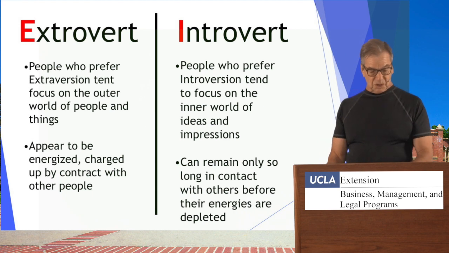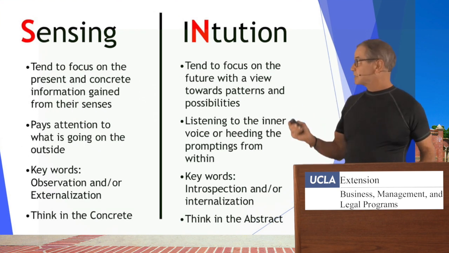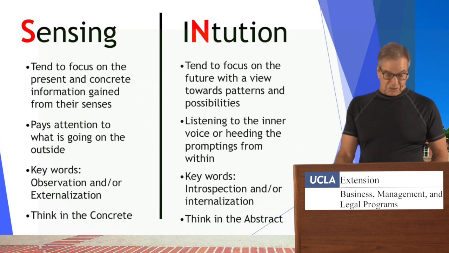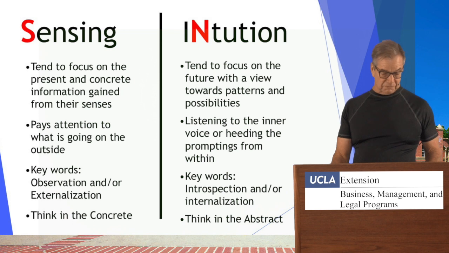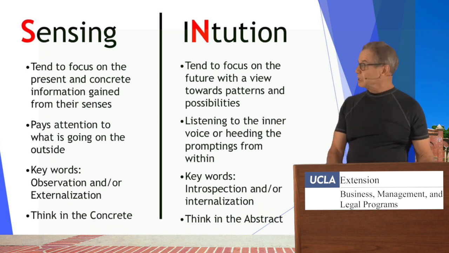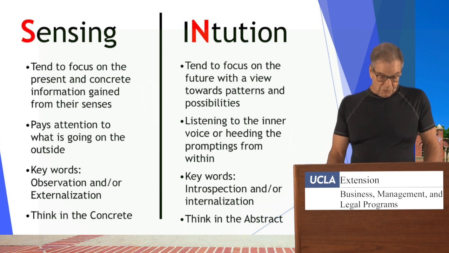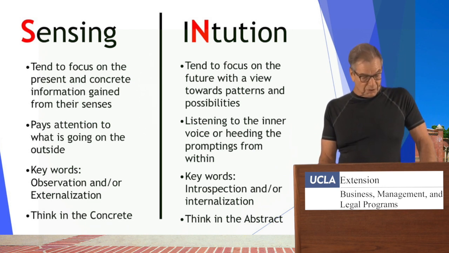So this, again, is another way of looking at these two preferences. Next is sensing and intuition. Sensing people tend to focus on the present and concrete information gained from their senses. Intuitive people tend to focus on the future with a view towards patterns and possibilities.